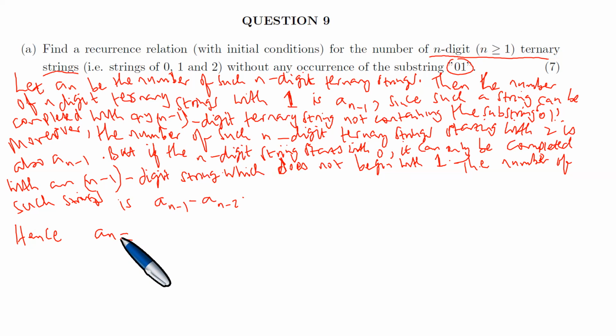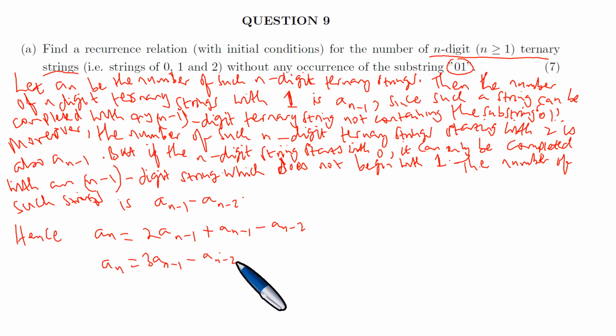It can be seen as twice a(n-1) plus a(n-1) minus a(n-2). So a(n) equals 3a(n-1) minus a(n-2), for n greater or equal to 3.